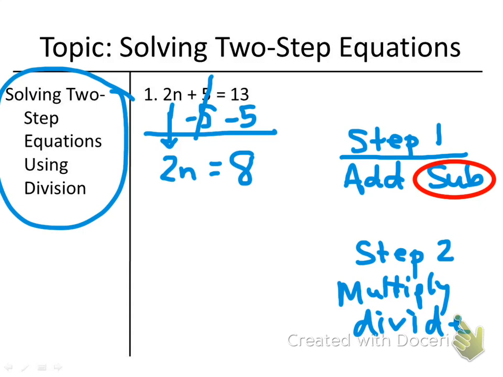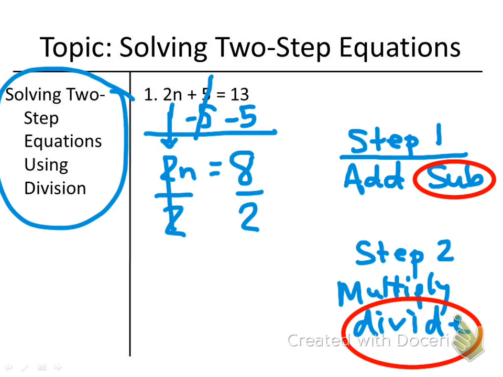Well, I see that this says 2 times n, so I'm going to do the opposite. The opposite of multiplying is dividing, so I'm going to divide by 2. That's correct. Divide by 2. 8 divided by 2 is 4. So my answer is n equals 4.